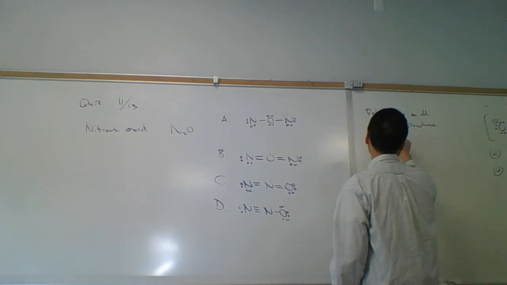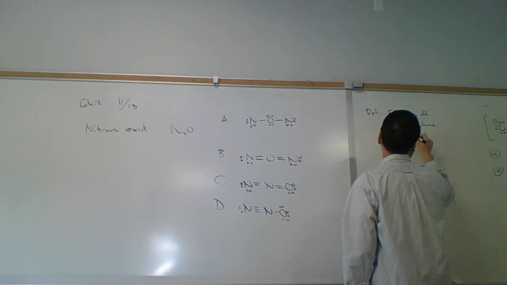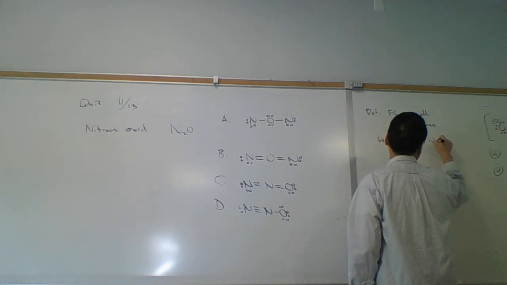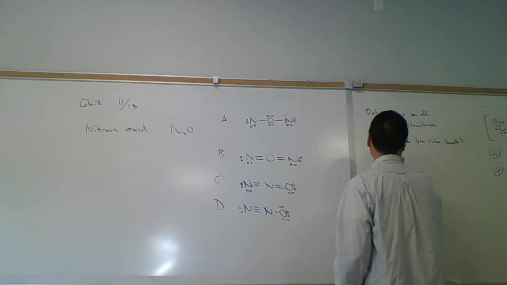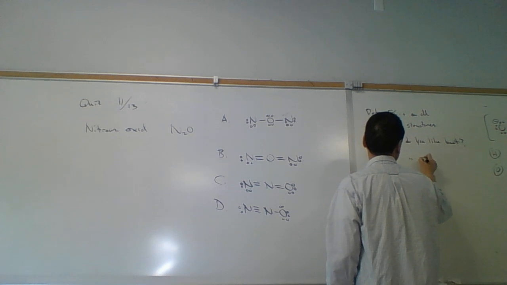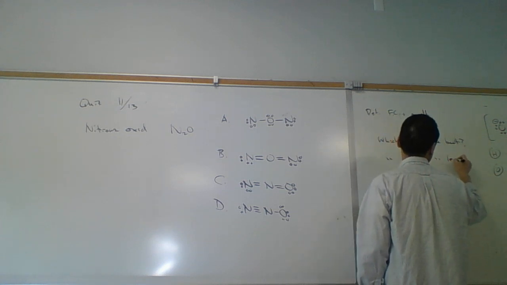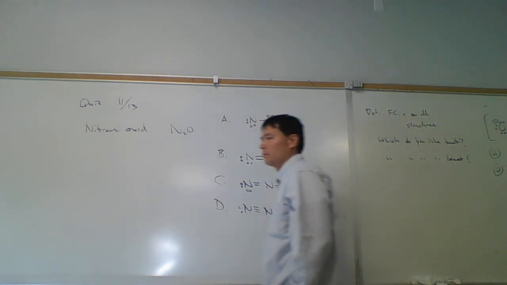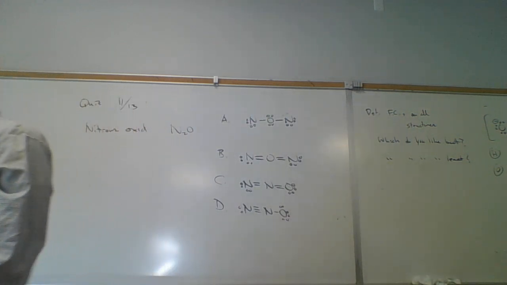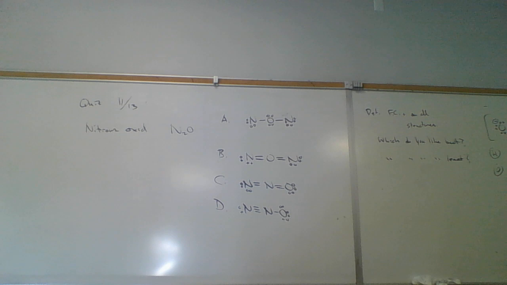So which do you like best? And which structure do you like least? You can do the formal charges and then tell me which structure is the best one for nitrous oxide.